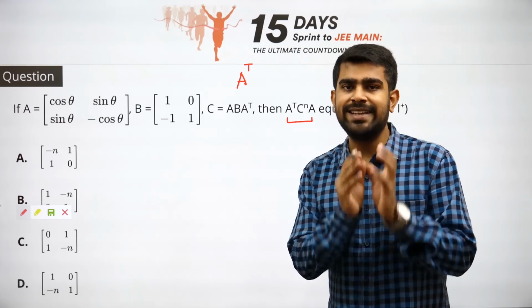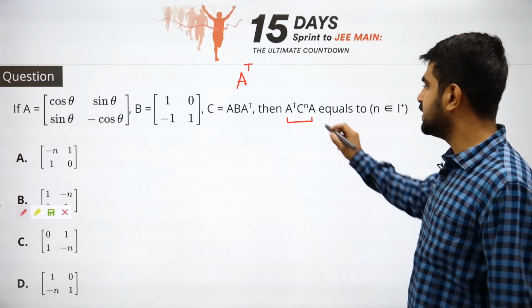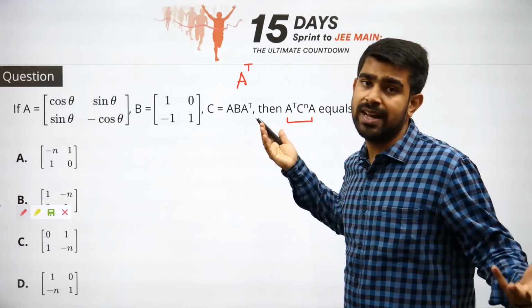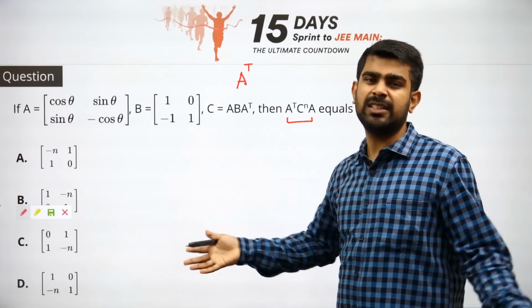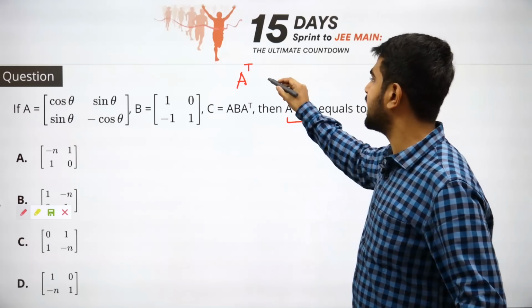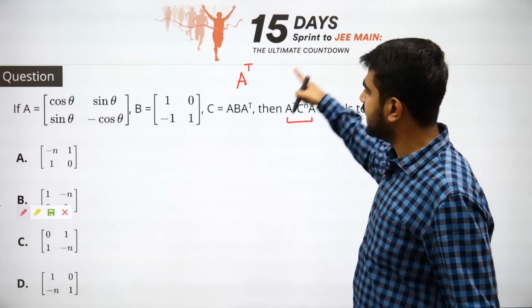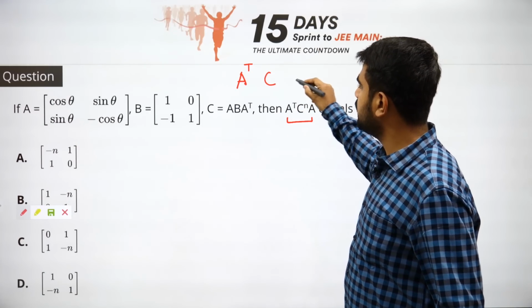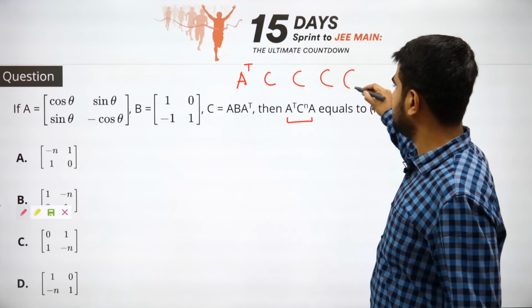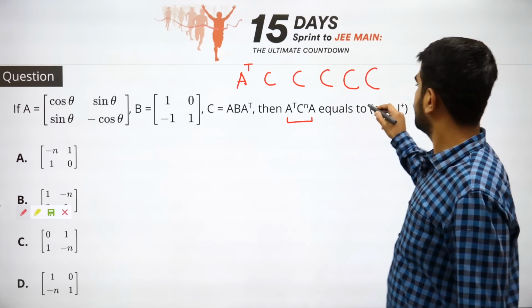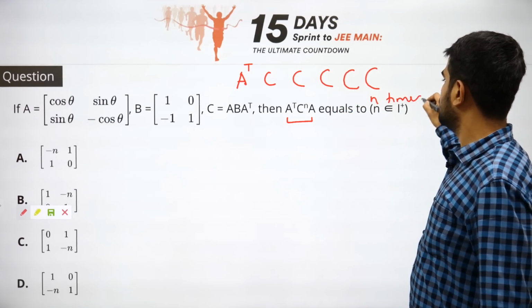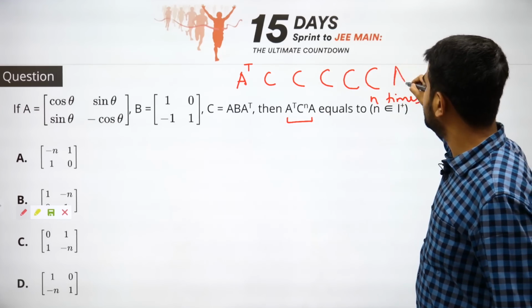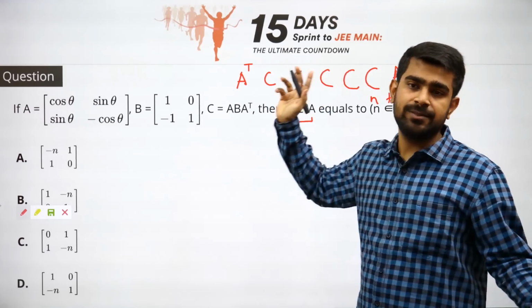So what do I get from that? That is very important. So let us say I don't know what is the value of n. Let me say it is a very high number. So let me write it down accordingly. C to the power n, right? So can I write it as C into C into C into C into C, n times? And then after that you have A. Guys, this is n times.